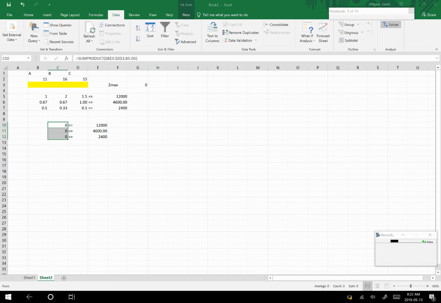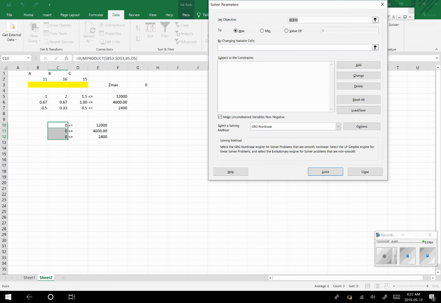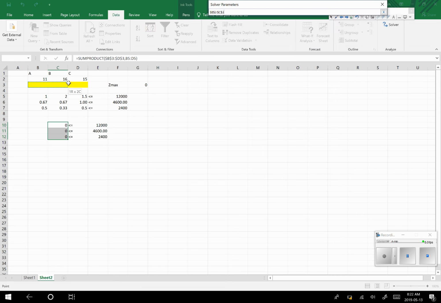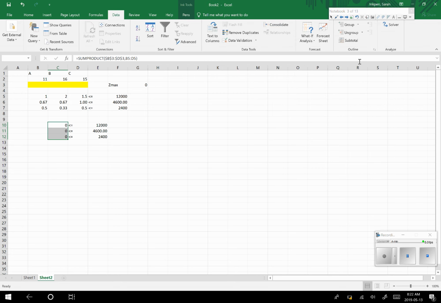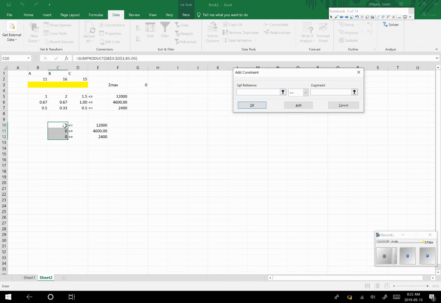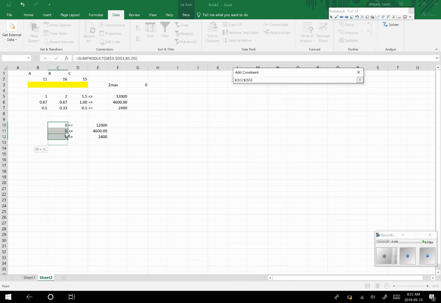Put in Solver. Here's where the solution is going. Set objective. Max is chosen, and my changing variables are these. And I'm adding the constraints, and this time I can add them all at once.